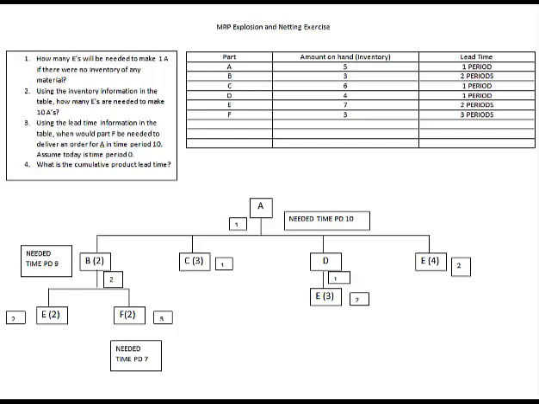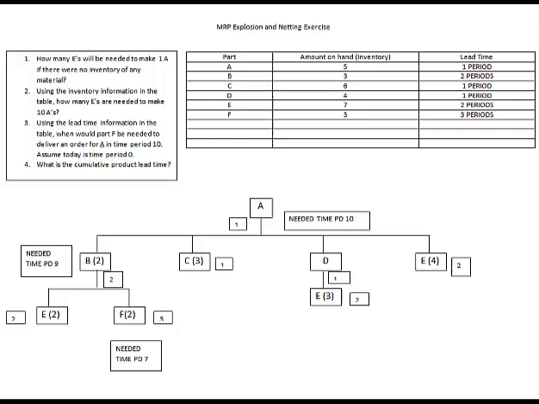And it takes 2 time periods, the lead time, for the B's, in other words, to take the E's and the F's that are needed to make the B's and convert them into a B. And then finally we have D's, and it takes 1 time period for the D's to convert the E's into a D.